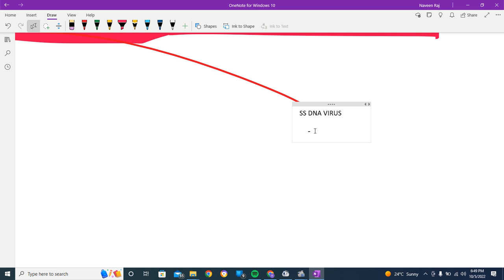So as it enters the host cell, in order to synthesize mRNA, it converts into double stranded after entering the host cell.